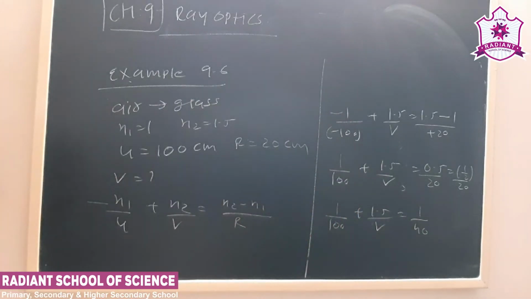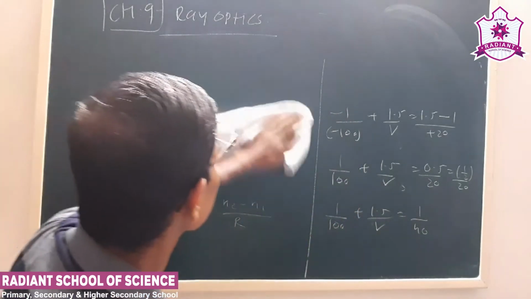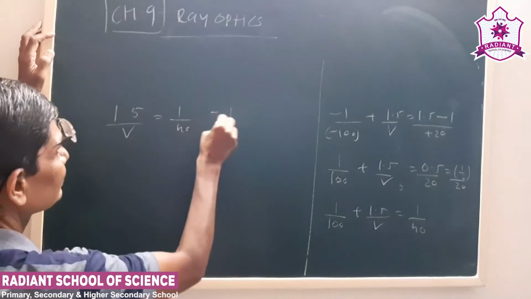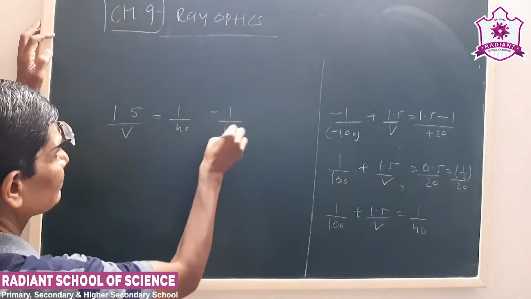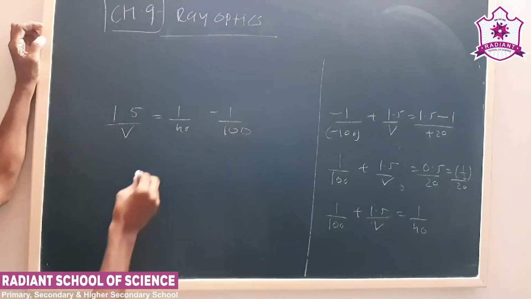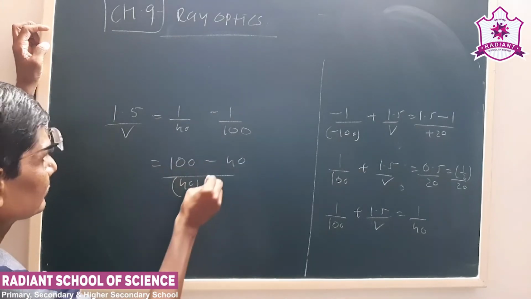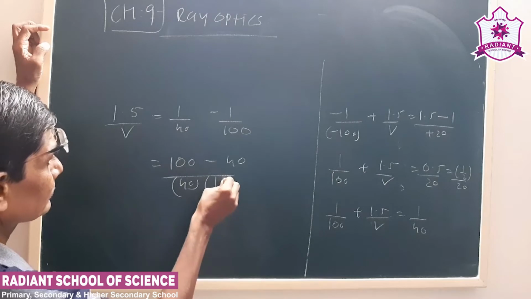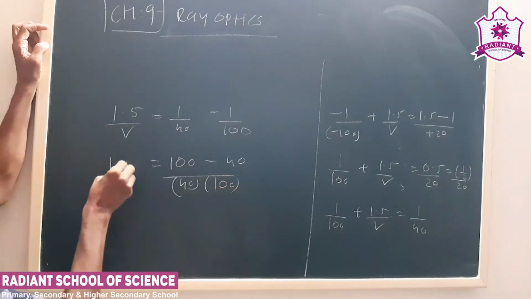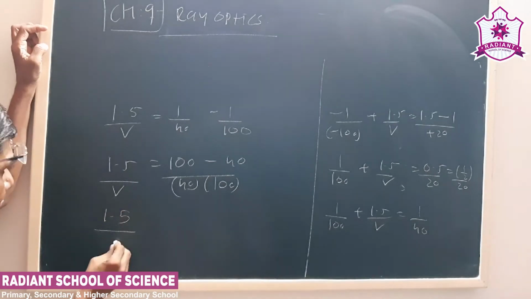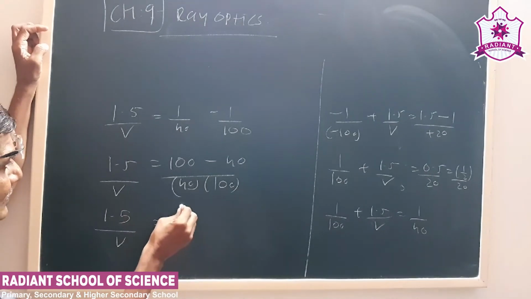Okay, now we can solve. 1.5 upon v is equal to 1 upon 40 minus 1 upon 100. Now see, if I simplify, 100 minus 40 upon 4000, this will be 60.